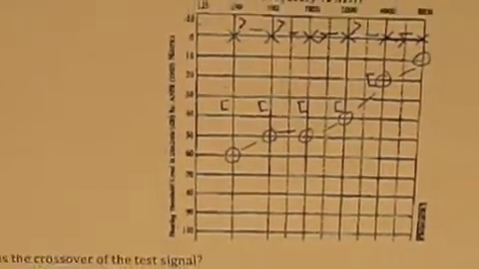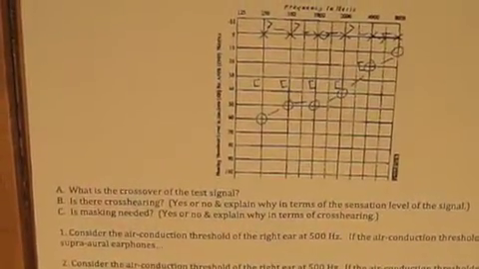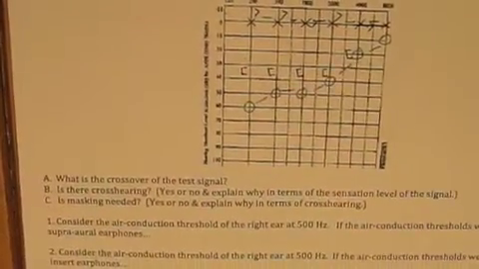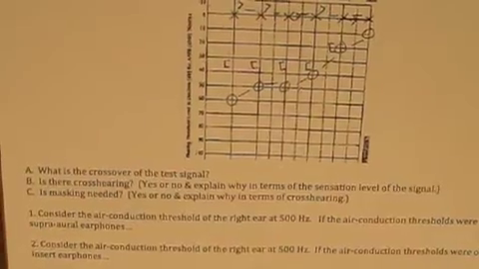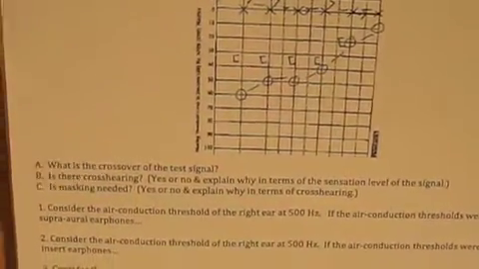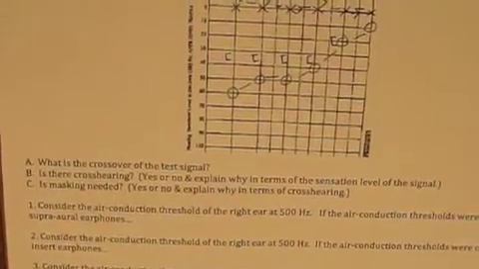Again, first using supraoral phones, that would be 20 minus the 40 dBHL of intraoral attenuation. Again, 40 dBHL is the intraoral attenuation of supraoral phones. That would be negative 20 dBHL reaching the cochlea of the non-test ear.